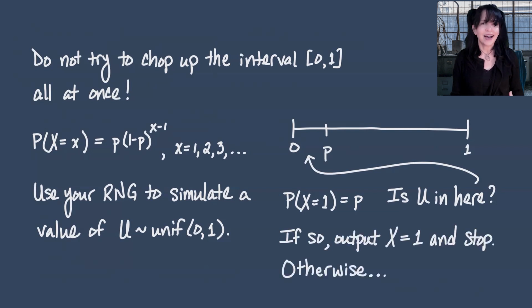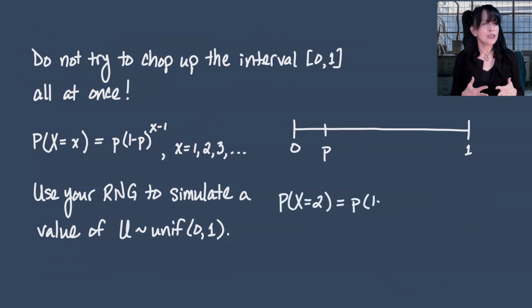If not, I am going to create the next endpoint for the next interval. So note that the probability that x equals 2 is p times (1 minus p). So I'm going to make another segment here. I'm going to go from p up to whatever value I need to go up to get a total interval length of p times (1 minus p).